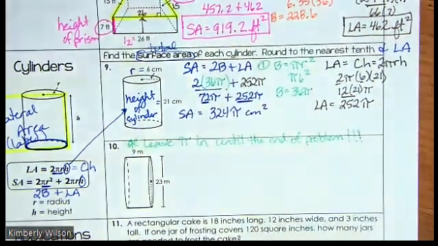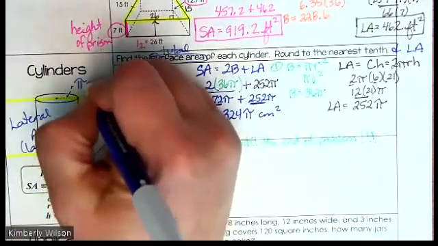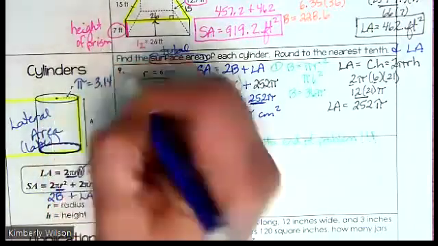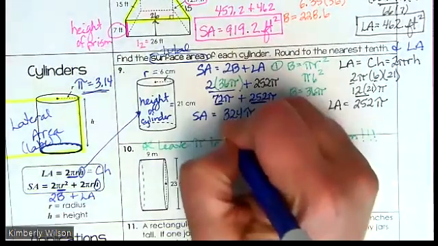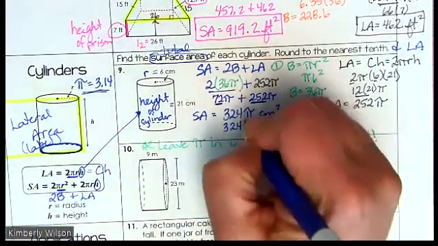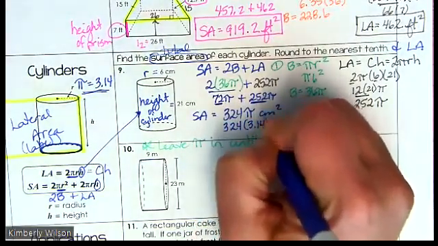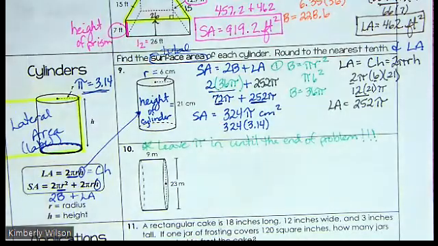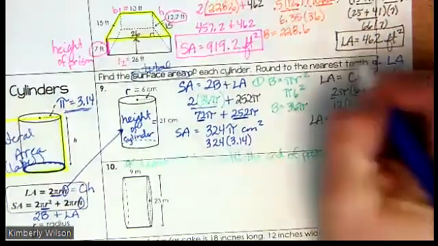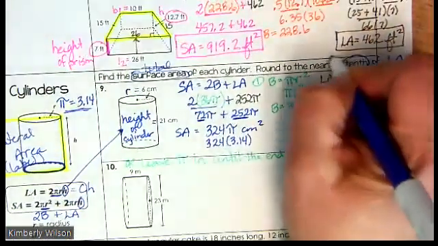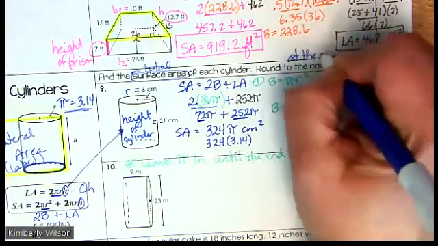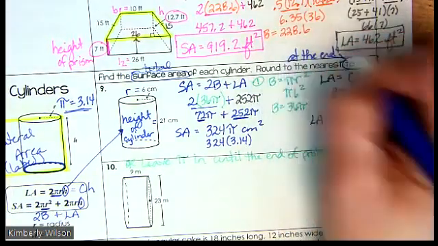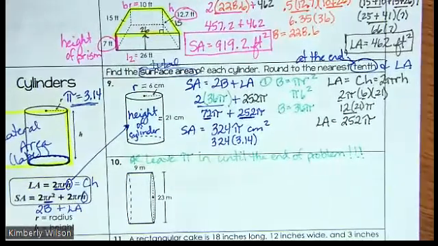For us, we're going to plug in pi as 3.14, like we normally do. So now I'm going to have 324 times 3.14. We don't round until the end. So it says round to the nearest tenth, and that's at the end. The last thing you do is round. You do not round in the middle, okay?